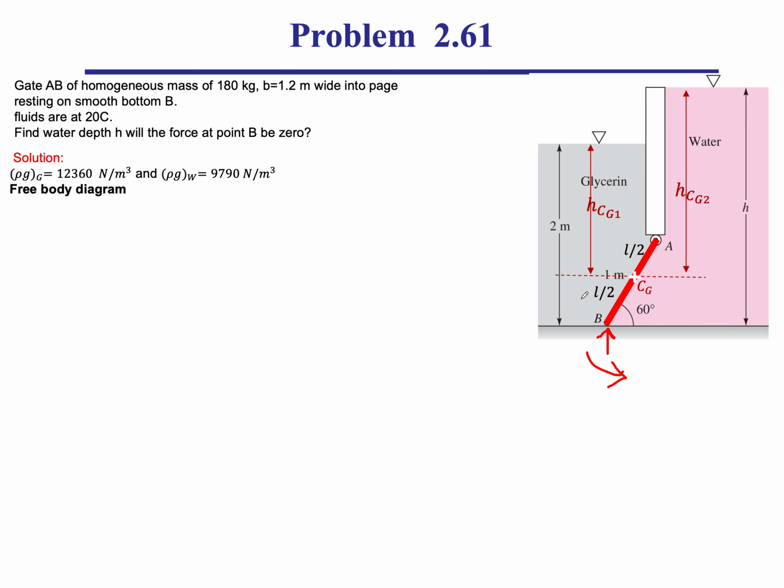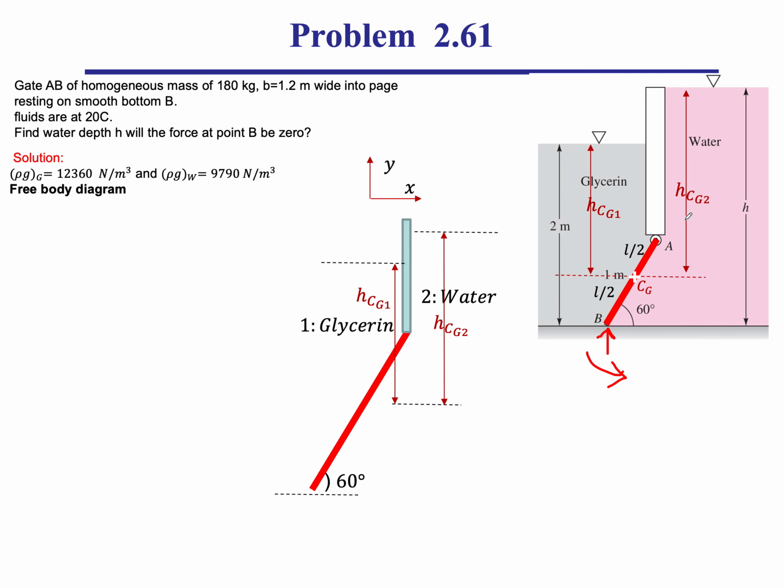L is 1 meter, the length of the gate. The center of gravity of this gate AB is submerged under a height of glycerin, hCG1. So it's the depth of submersion on the glycerin side. On the water side, it's submerged to a depth of hCG2. And our coordinate system is XY as shown. So let's just zoom on that a little bit more. The gate is inclined at an angle of 60 degrees.